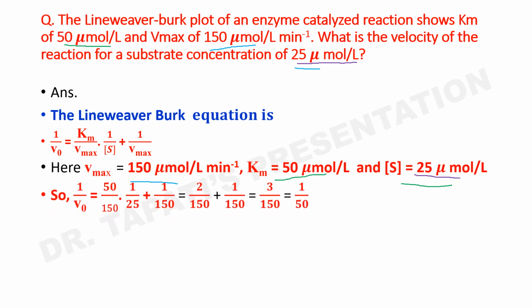So let's solve it. Then 1 by V0 will be 50 divided by 150. 50 is the Km value and 150 is the Vmax value, into 1 by 25, that is 25 is the substrate concentration, plus 1 by 150. 150 is the Vmax value, that is equal to 2 by 150.